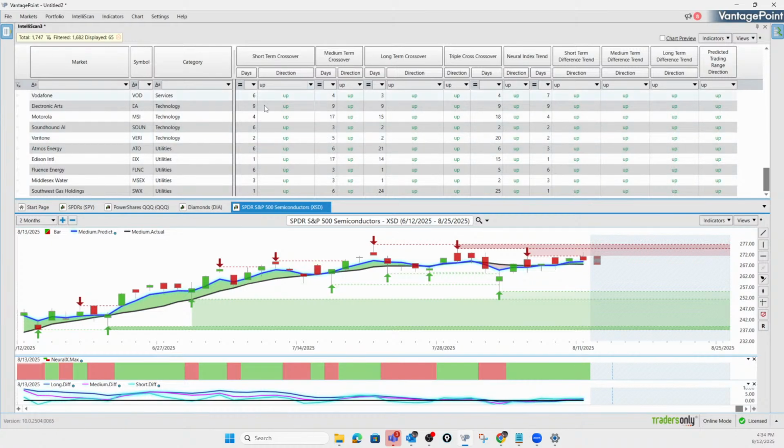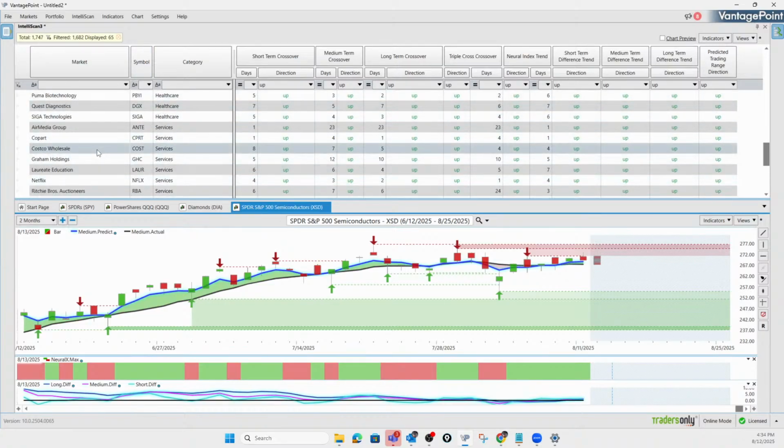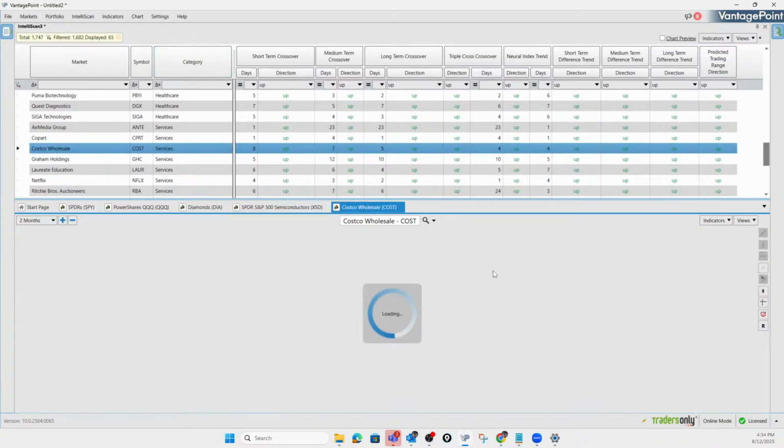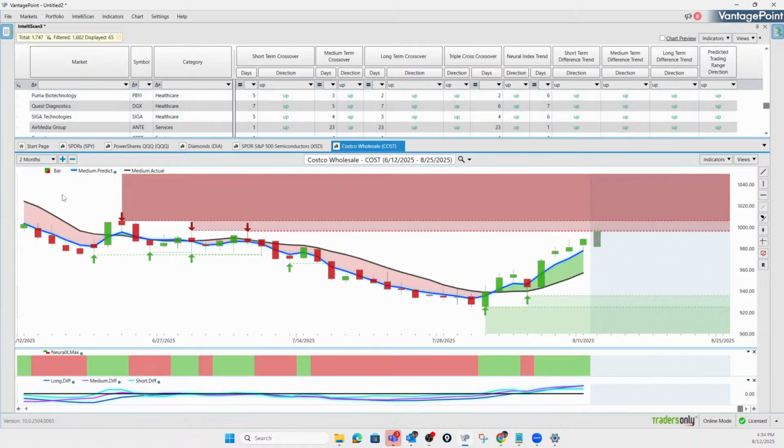And so from this standpoint, we can see markets that are in fact shifting to a bullish sentiment. We can see quite a few in here. We could look at Costco. We can see that market that was coming down, and now we have a nice shift to the upside.